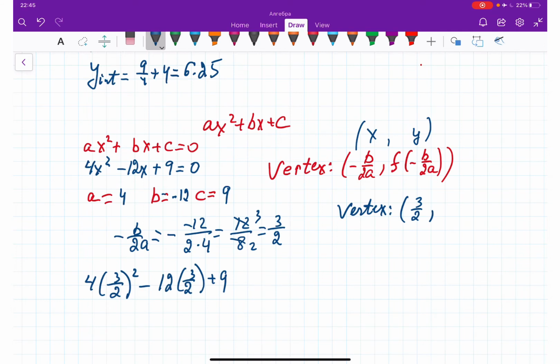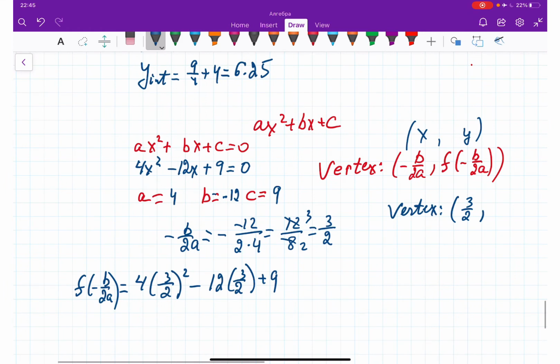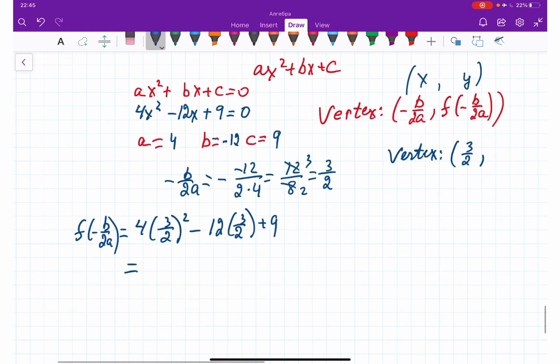This will be my f of negative b over 2a, which is going to be my y. All right, so this is equal to 4 times 3 squared is 9 over 4, minus 12 times 3 over 2, and plus 9.